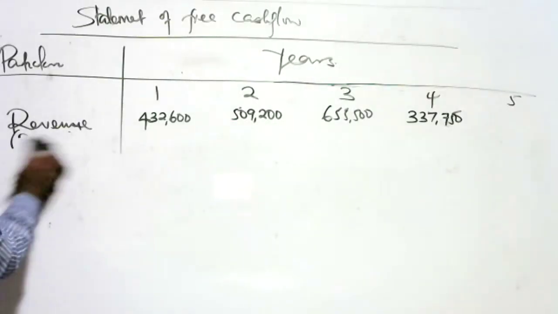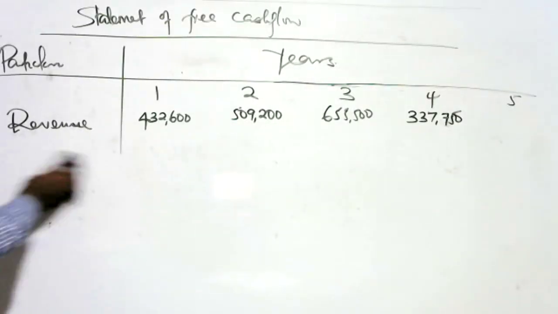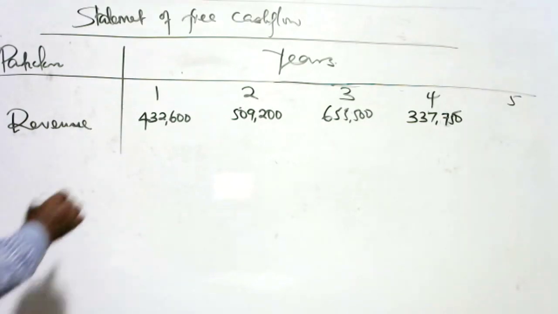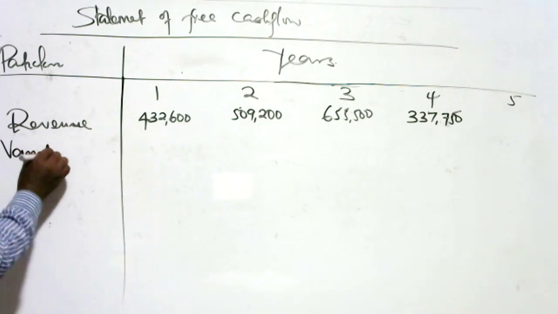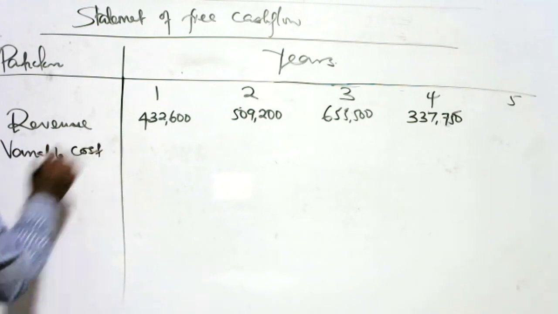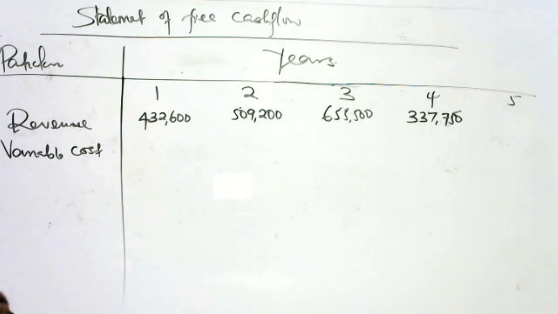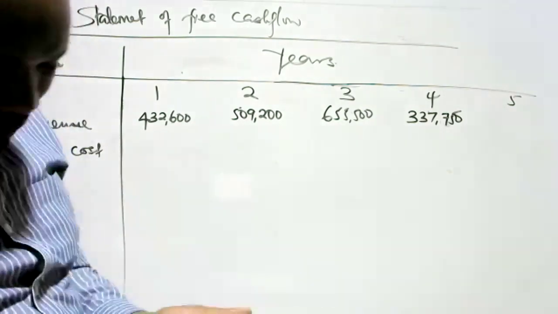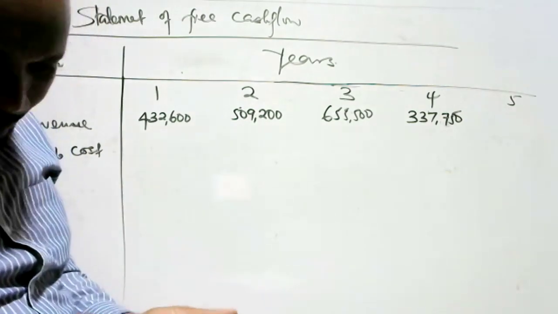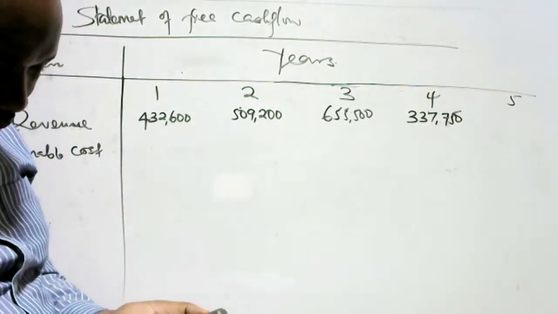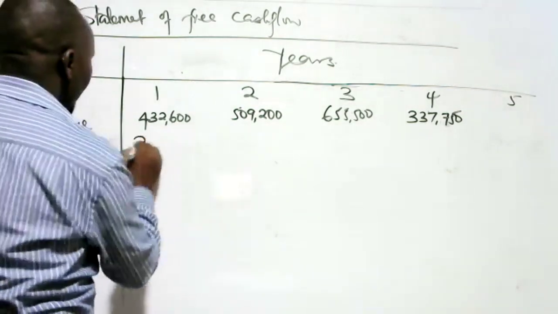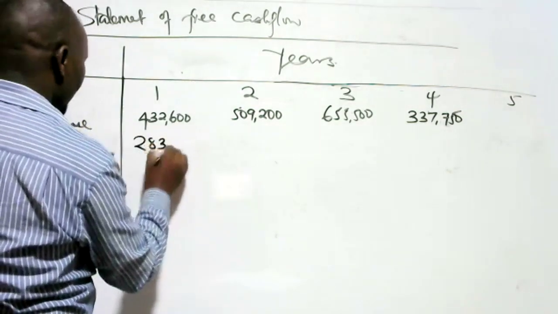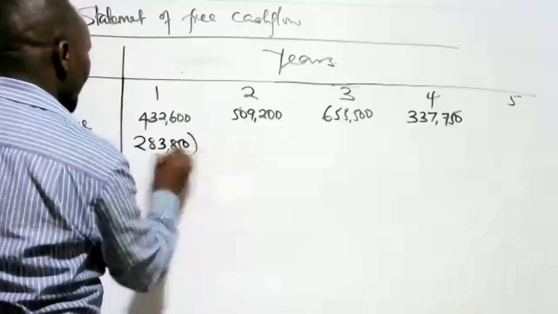So the next thing after revenue is variable cost. The same way, multiply the cost times the number of units because they vary with the units. So it is 8.11 times 35,000, which is 283,850.